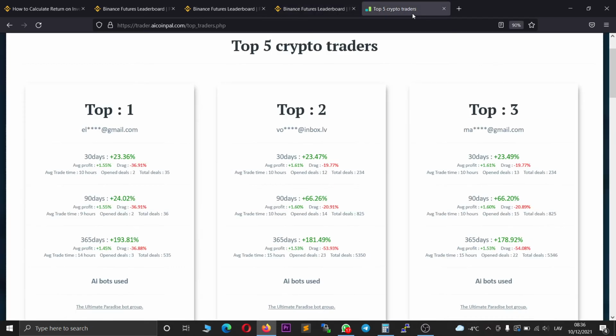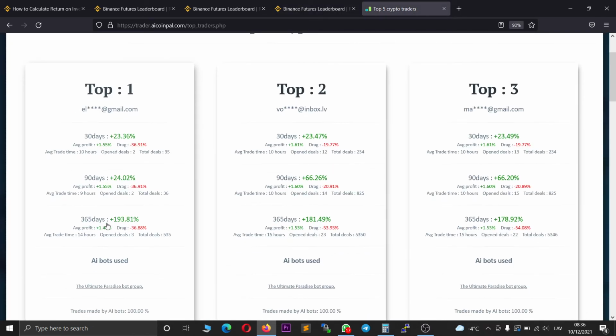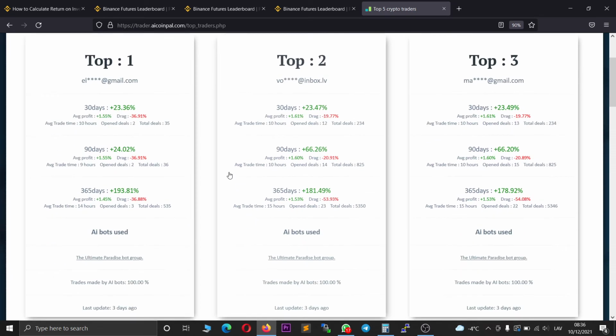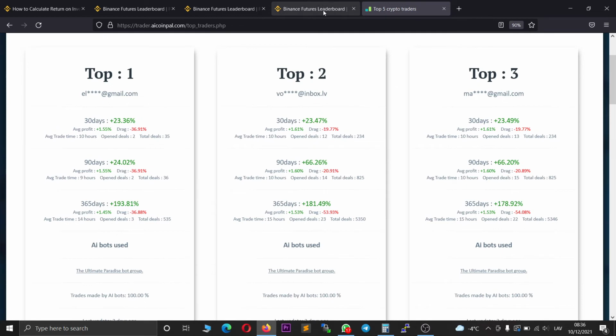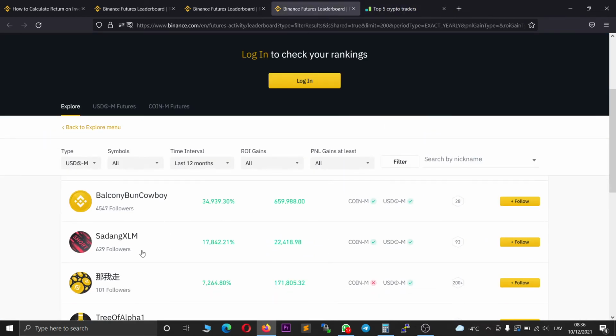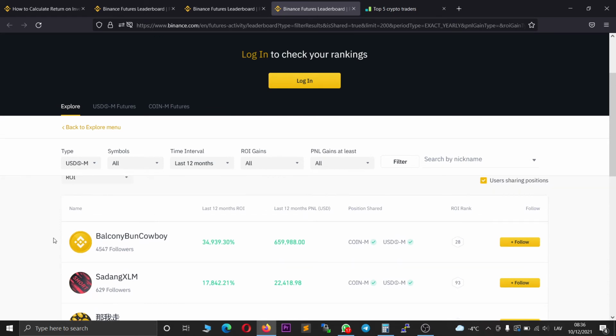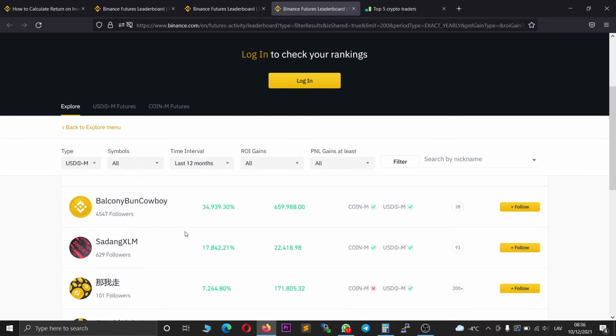So you always need to look at the 1 year. In other words, as I figure, these traders are using only bots. They're not trading themselves. Some of them are profitable, some of them not, but these could be bots right here.